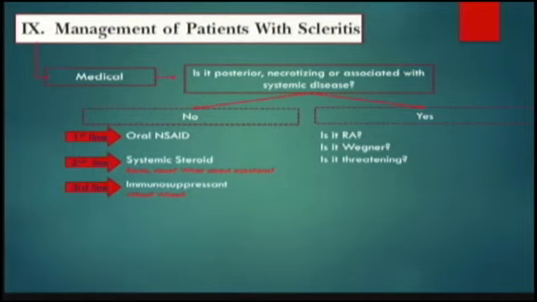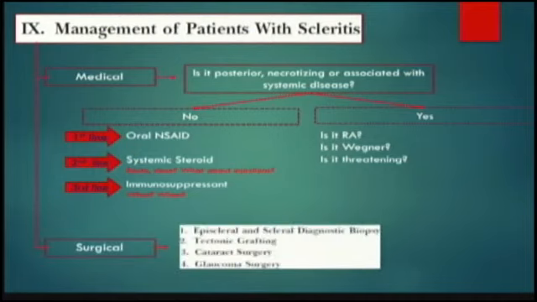Surgically, sometimes we can use surgical intervention in certain diseases, not to treat the disease, but rather to treat the complications. You may need to do a tectonic graft. Sometimes they need cataract surgery, and they have different requirements and precautions if you are operating on those patients.